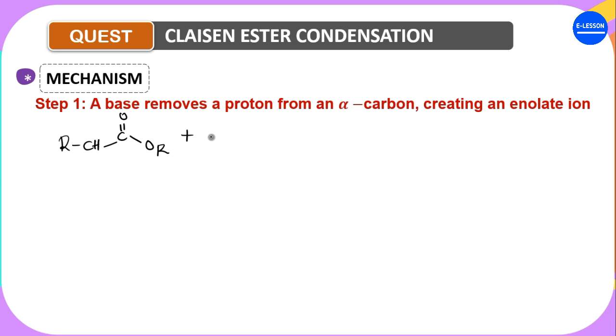Plus another ester, the same ester: R CH2, then C double bond O, and then OR. Now this is an ester, and this is an ester. Of course, they are the same ester.